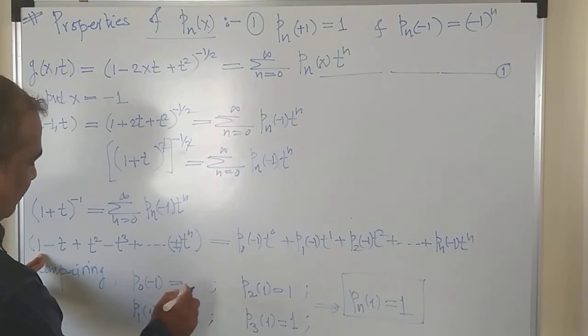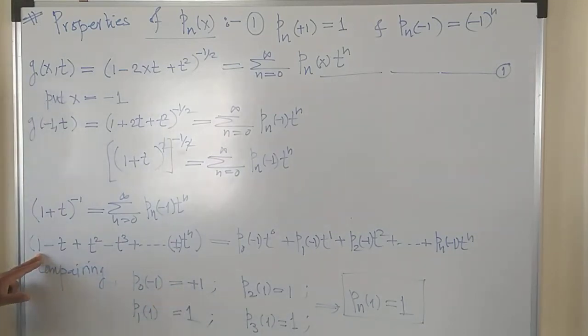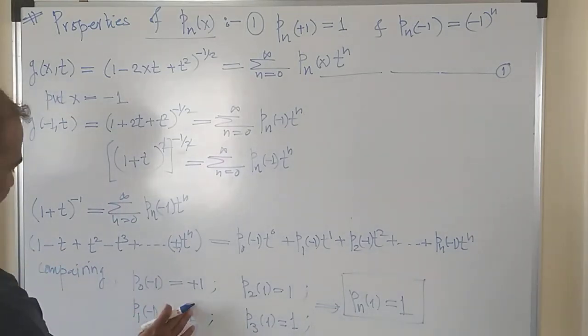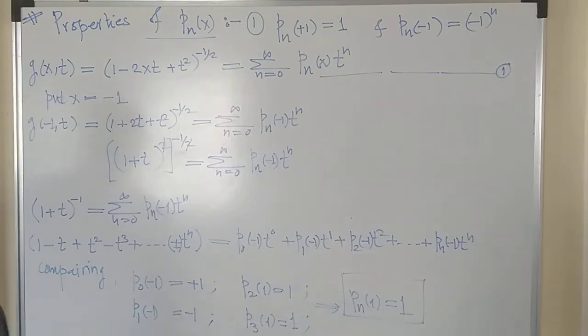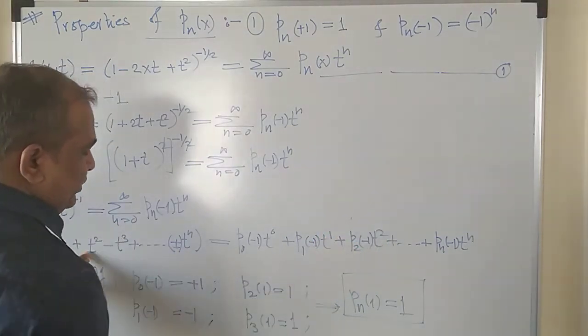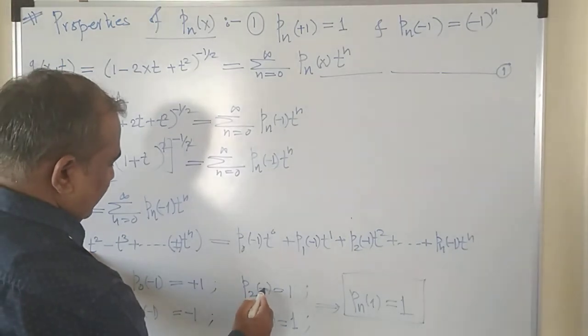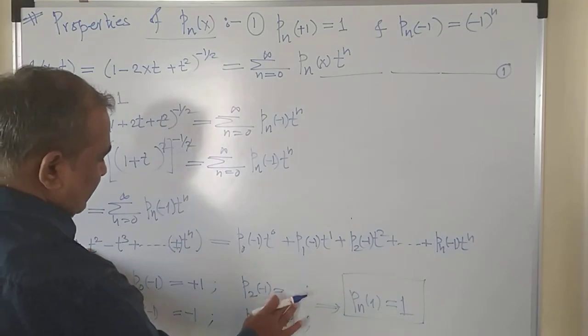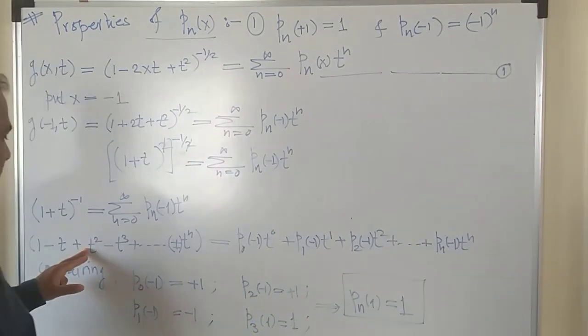Now if you compare t raised to power 1, its coefficient is p1 of minus 1, and this has the value negative 1, not positive 1. Similarly, compare the coefficient of t raised to 2. The coefficient of t raised to 2 is p2 of minus 1, and this is a positive 1. So this is plus 1.